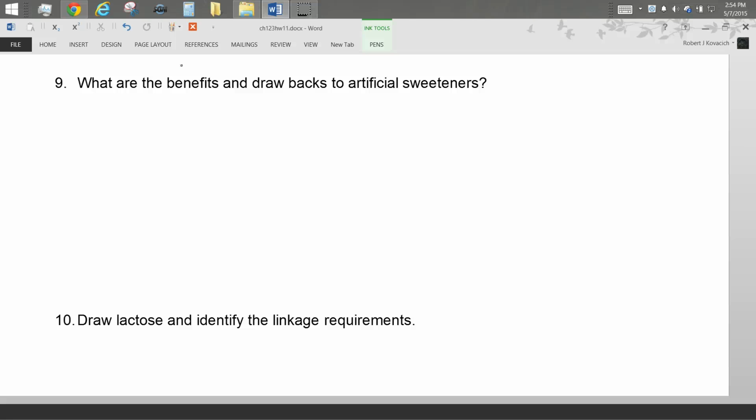The benefit is that it costs less to produce. It takes a hell of a lot less than sugar. Sure, it does cost less. You buy an equal sweetening amount of Splenda versus table sugar, and it's a lot less. It's 600 times sweeter than sugar.